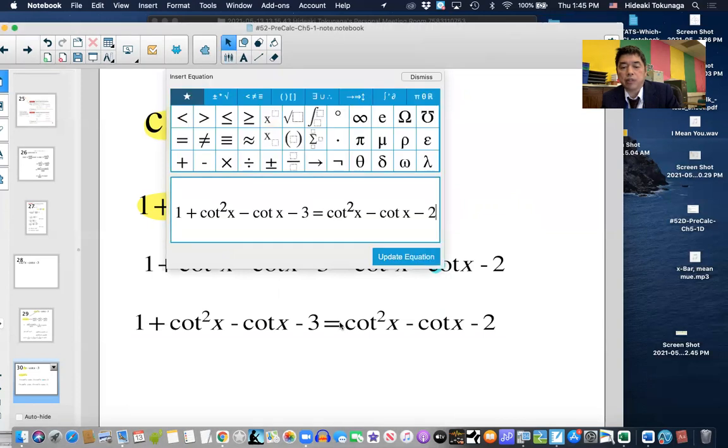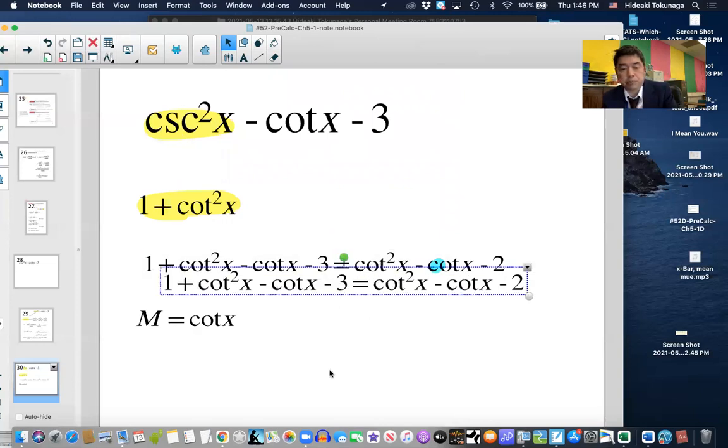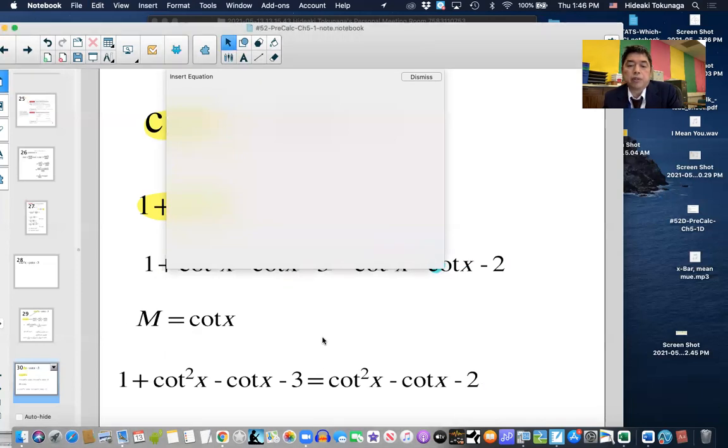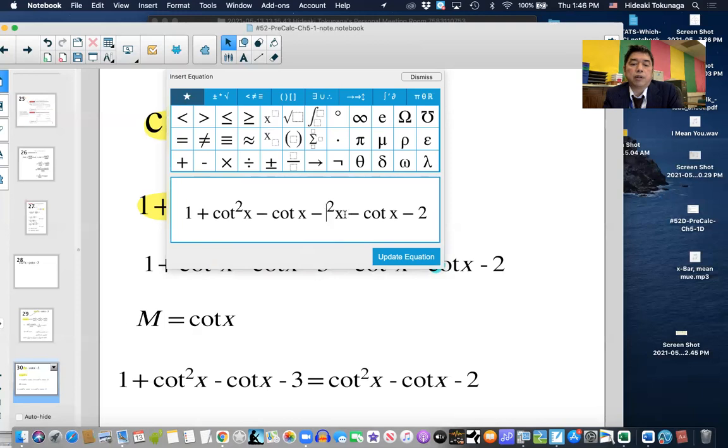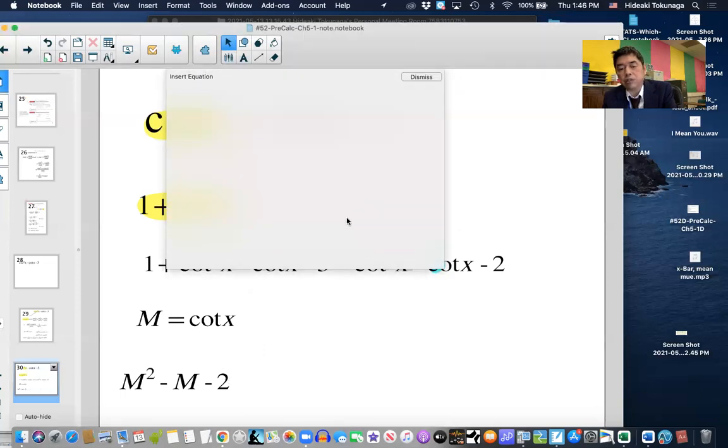If cotangent x is represented by capital letter M, you can rewrite this question as M squared minus M minus 2, which you can factor using the X factor.